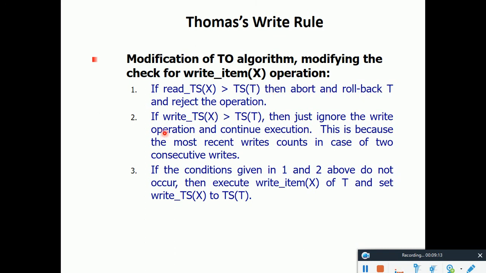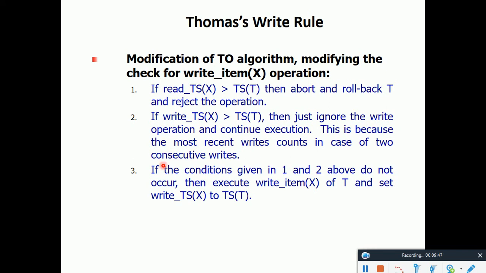But if write TS of X is greater than TS of T, meaning a younger transaction has already written the value of X, then just ignore the write operation and continue execution; there is no need to abort and roll back T. That is the advantage of the Thomas Write rule. This is because the most recent write counts in case of two consecutive writes. The most recent means a younger transaction has already written that value, so there is no need to write it again.